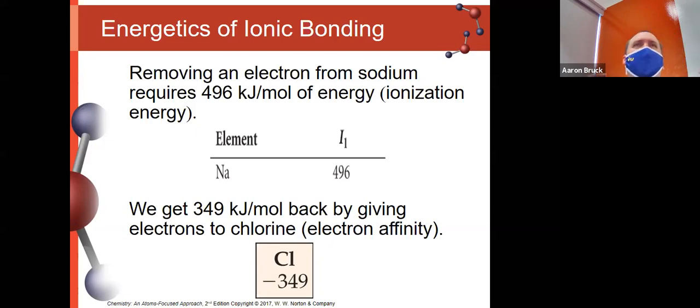So just in the simple energetics of the sodium atom giving its electron to the chlorine atom, our net energy is an energy deficit. It requires nearly 150 more kilojoules of energy to rip the electron out than it does to put it into the chlorine.